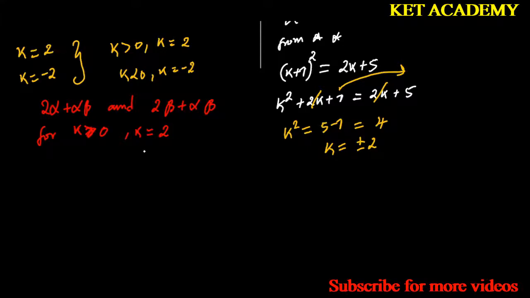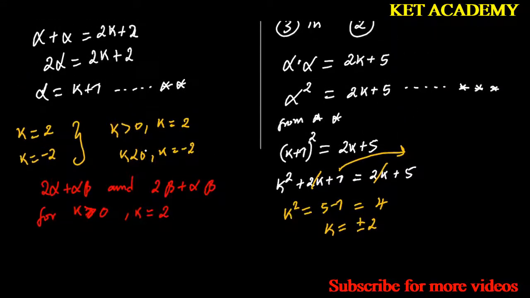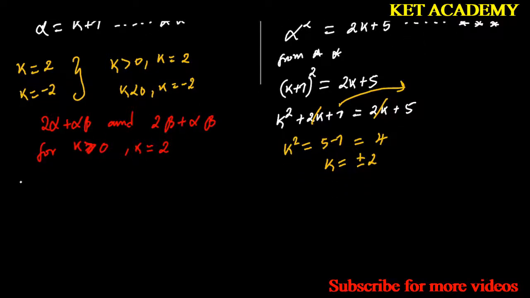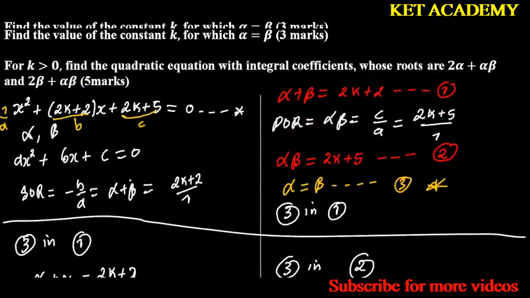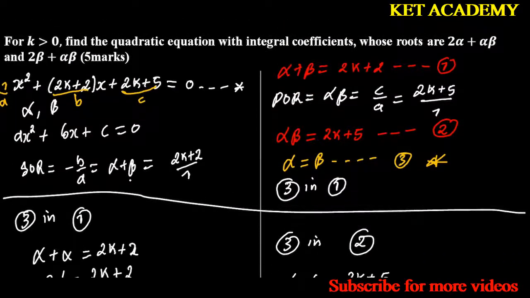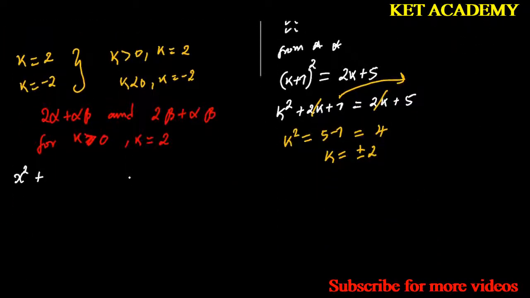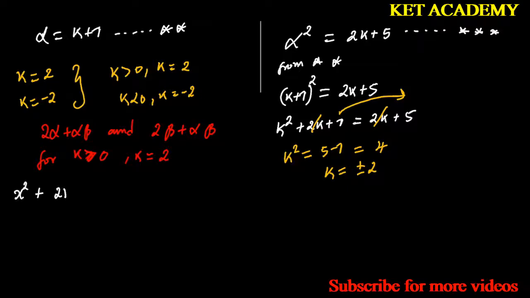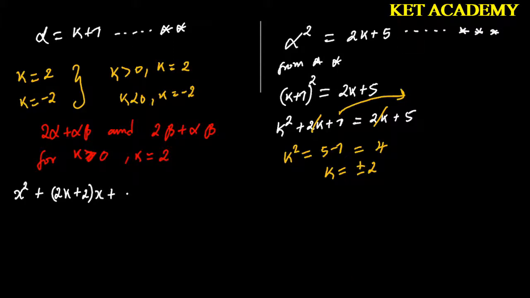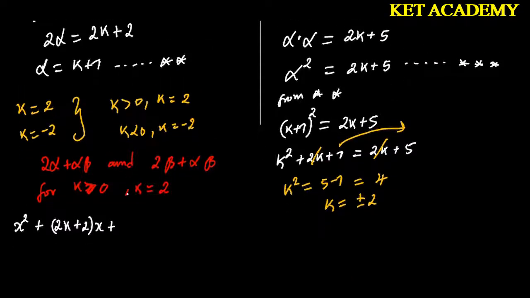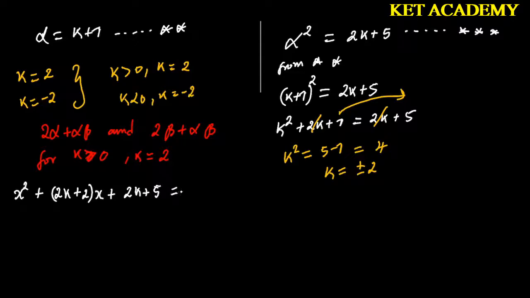Our original equation was x squared plus (2k plus 2)x plus 2k plus 5. Now this is our quadratic equation.